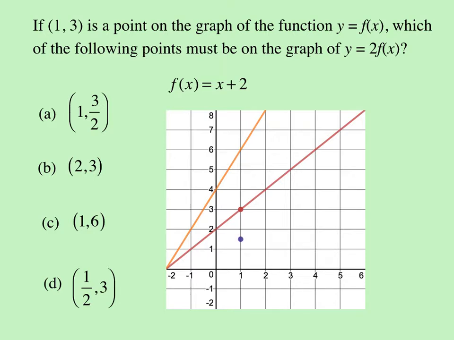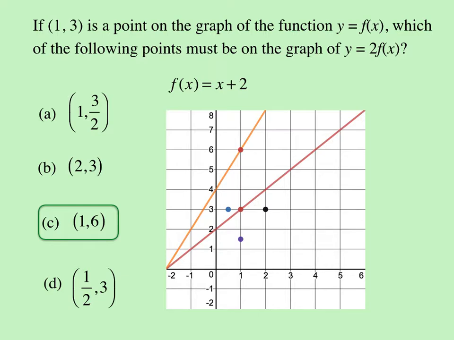I tried (1, 3/2) and (2, 3), neither of these points lie on it. This next point, (1, 6), does lie on the graph of 2 f of x, and then (1/2, 3) does not lie on it. So the answer to the question is (1, 6).